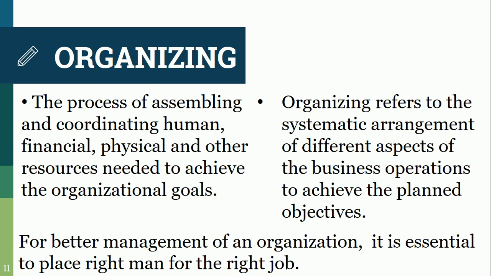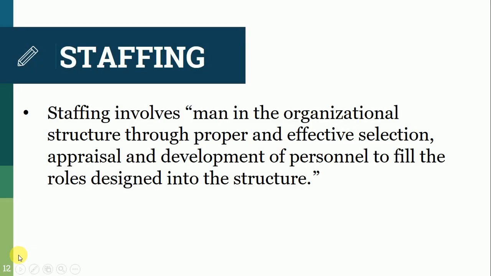In the first function, we set some goals. In order to achieve the goals, we set some course of action. We take some decisions in planning, and then once we have set some actions, we come to the second function, which is organizing.